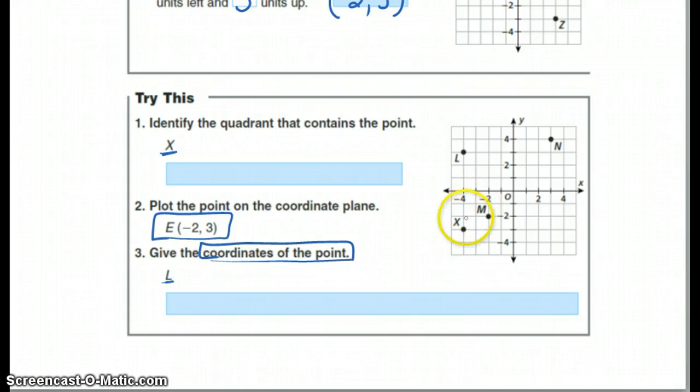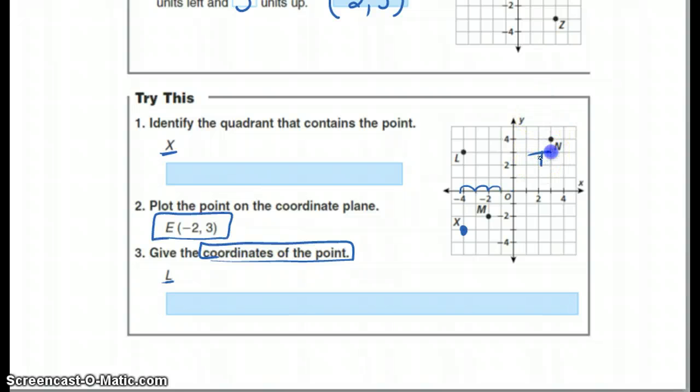All right, let's identify X. Here is X on my coordinate plane. I start at 0. I always move across. 2, 3, 4. Oh, actually, I'm just looking for a quadrant, aren't I?